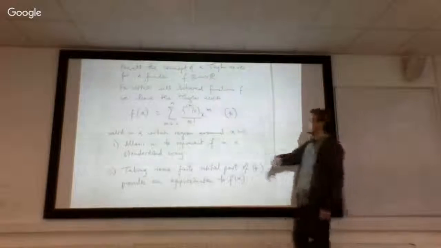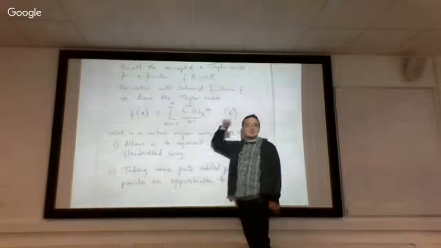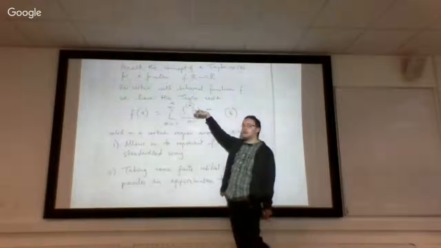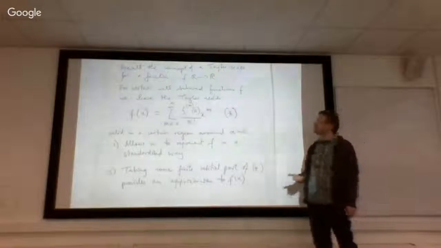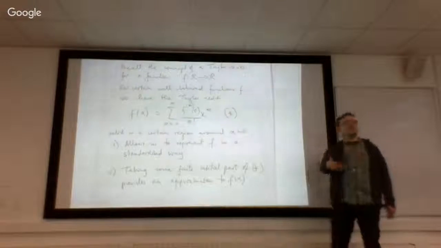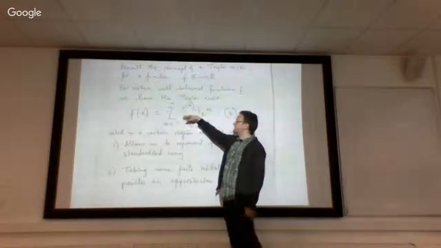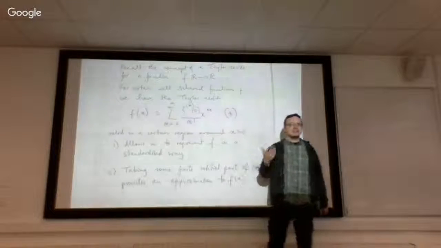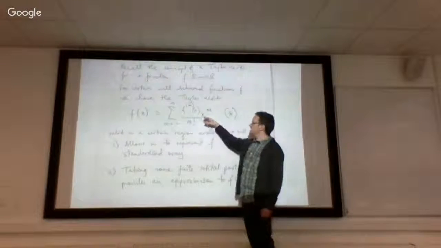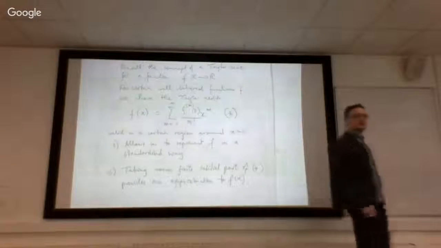Well, what Taylor series allow you to do is this. All that's involved in evaluating a polynomial, if you pre-computed the coefficients and stored them, built them into the design of the calculator, so to speak, is adding together different terms, and calculating these x to the power n terms is just multiplication.